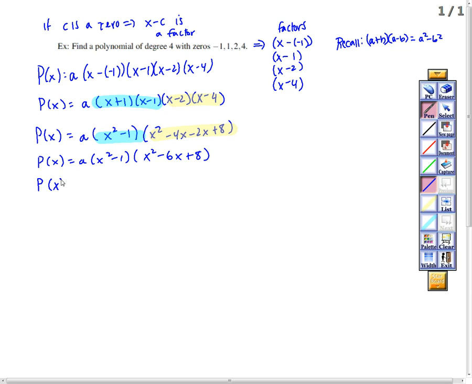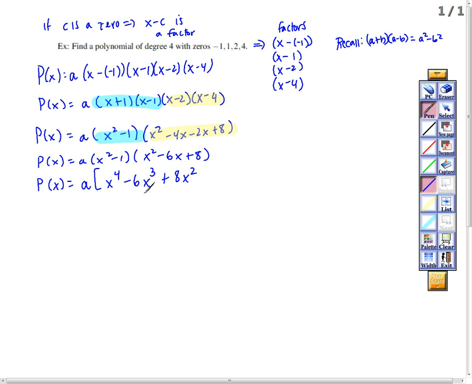Then I'm going to take every single term in the second polynomial and multiply by x squared, and then take every term in the second polynomial and multiply by -1. This is a times x squared times x squared is x to the 4th. X squared times -6x is -6x cubed. X squared times 8 is positive 8x squared.